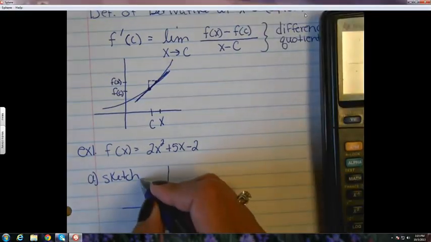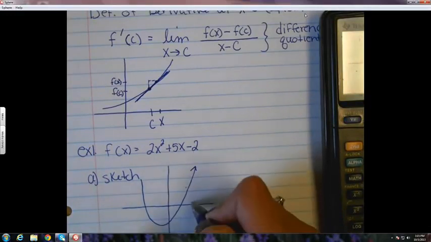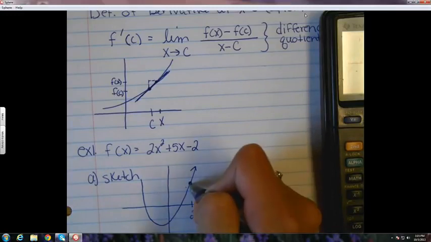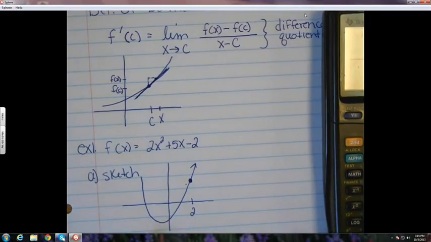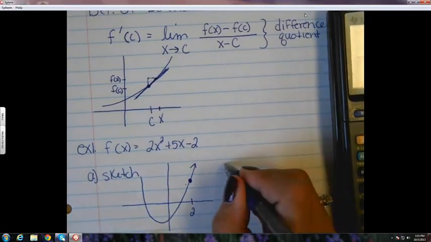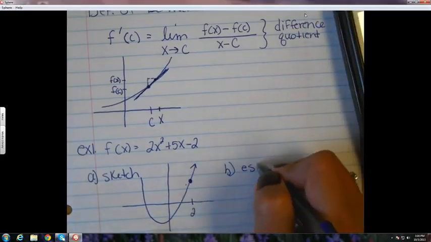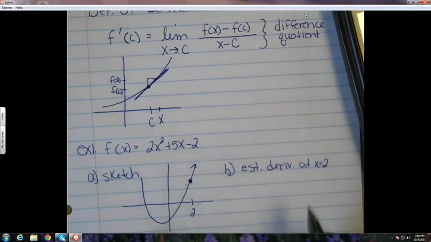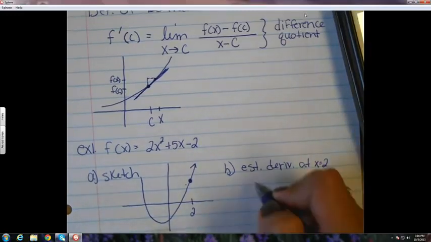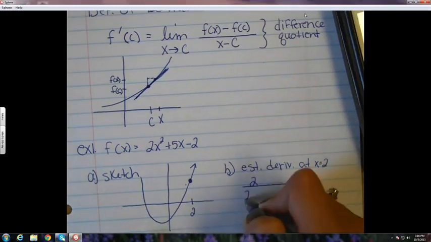So our goal is to estimate the derivative there at 2. What we're going to do first is use our Chapter 1 estimate. Estimate the derivative at x equals 2. And let's just do our 2-point table instead of the 3, because we're not going to be doing this much anymore. So we've got 2, and I'll go 2.01.